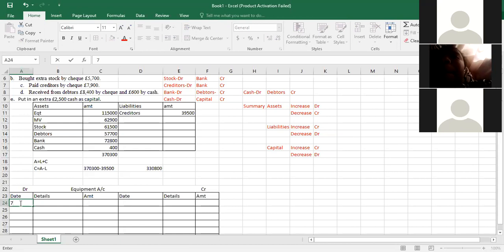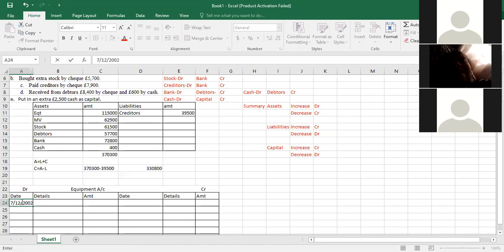Is it 7 December or November? Who is having the question? When are we doing the books of account? Yes, you are to draw up a balance sheet on 7th December. Compute the balance. So we are preparing our books on 7th December 2002.